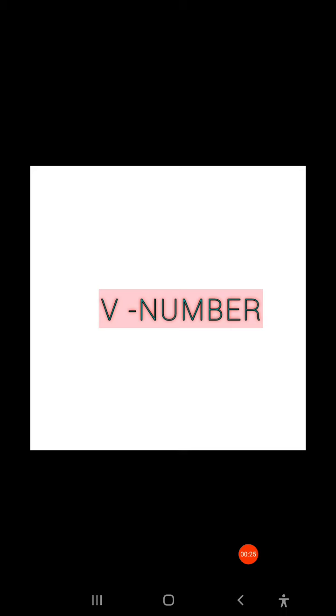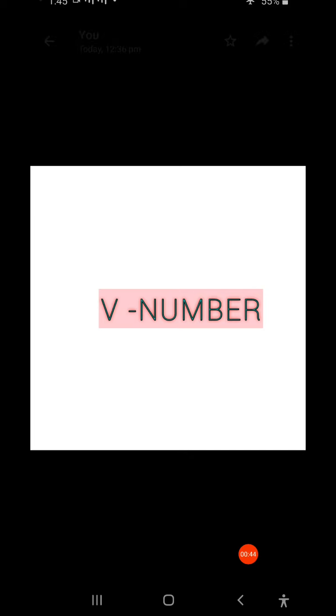The V number is one of the parameters and it is a dimensionless quantity. It gives the number of modes that a fiber can support.